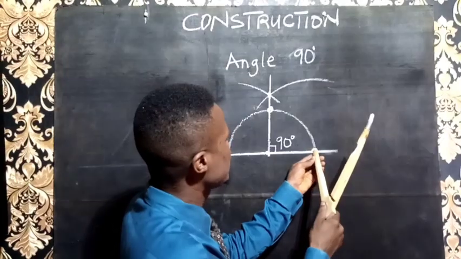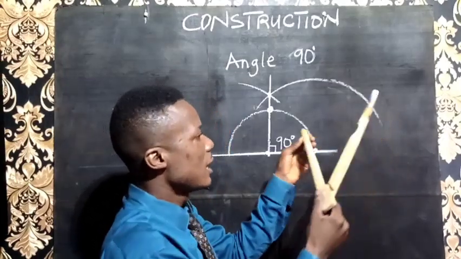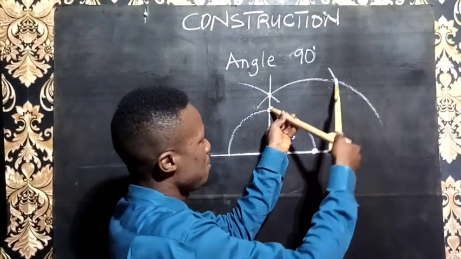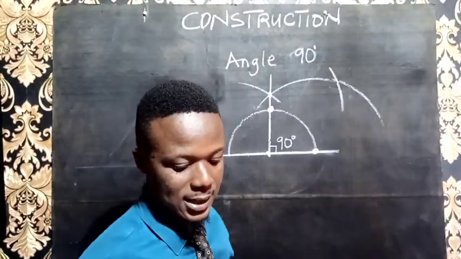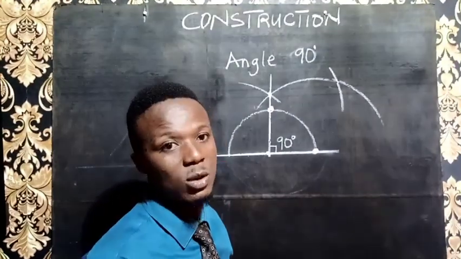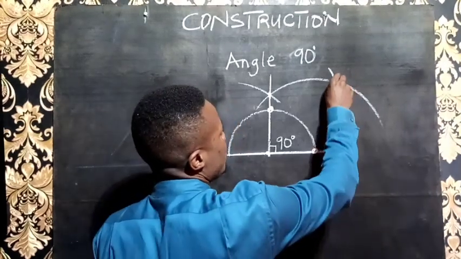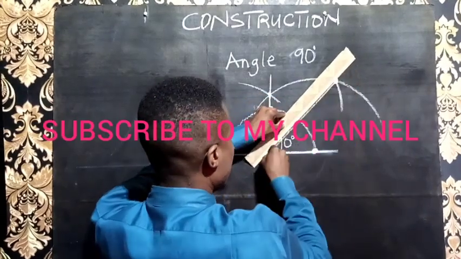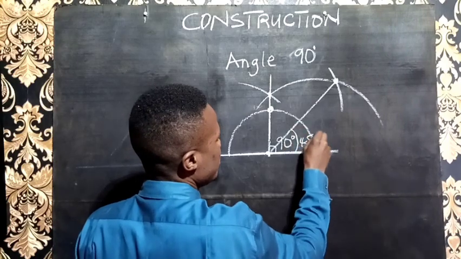So I have to place it here, mark an arc. I'll remove without adjusting it, place at the other point and mark another arc. You will observe that the two arcs I have marked must meet at a particular point. So from this point of intersection, I will draw again to join to the center. So this angle here now is 45 degrees.